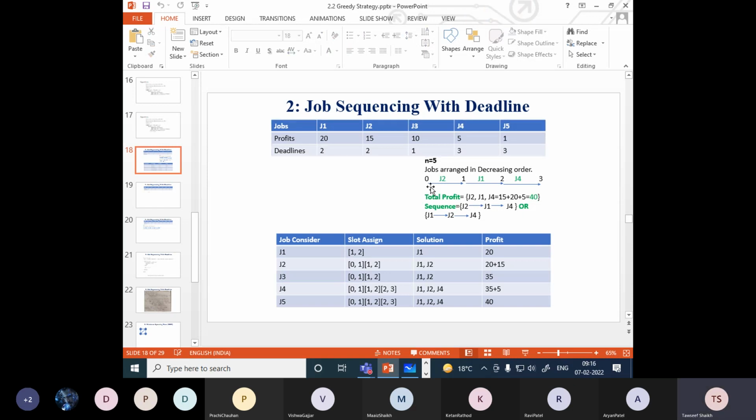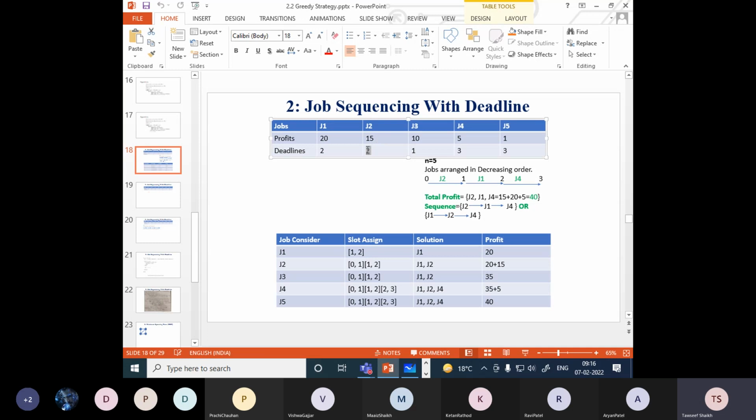So if we give the first slot to J1 instead of J2, we are telling it, okay, you give me 20 rupees and you don't have to wait for 2 hours. I can arrange your sequence only in the first hour because this slot is open for me. So I can write J1 here, and next it is J2 who has the maximum profit.